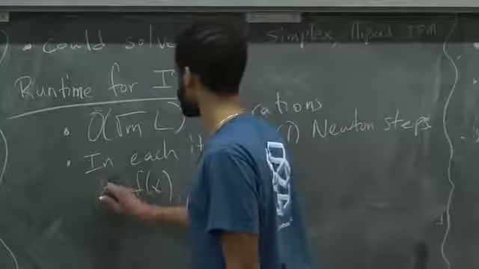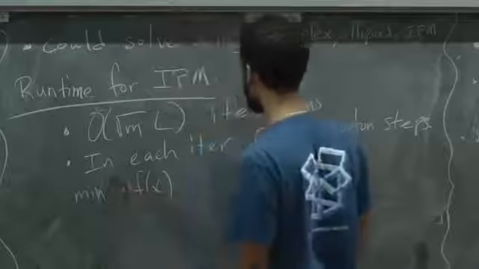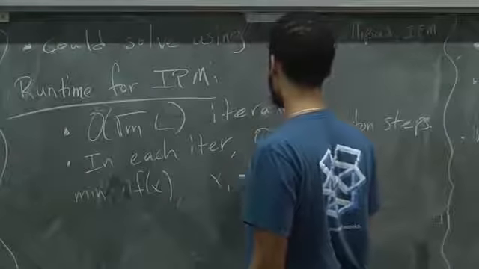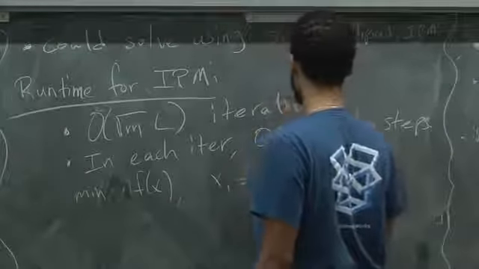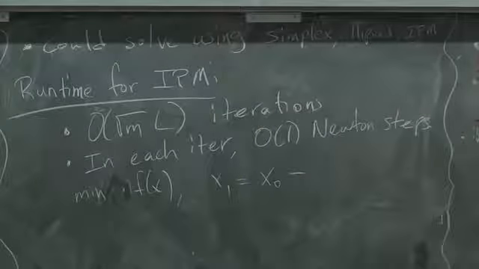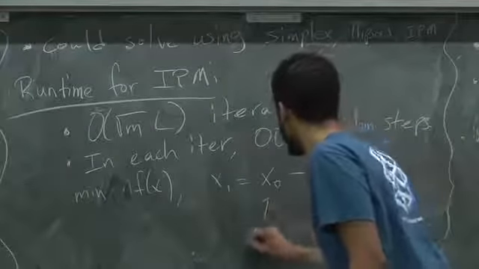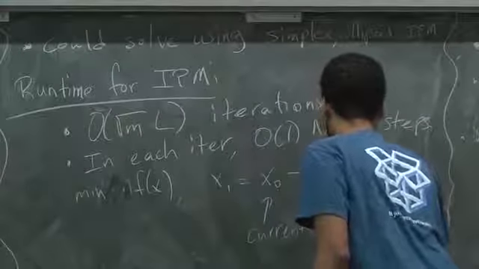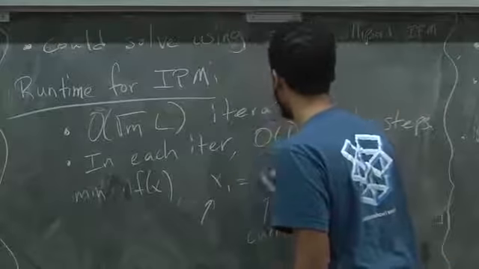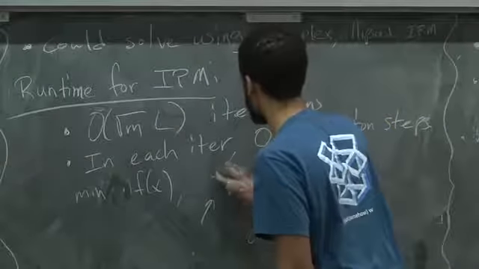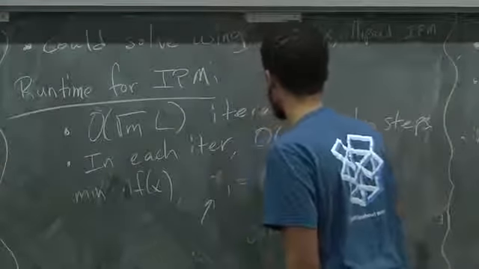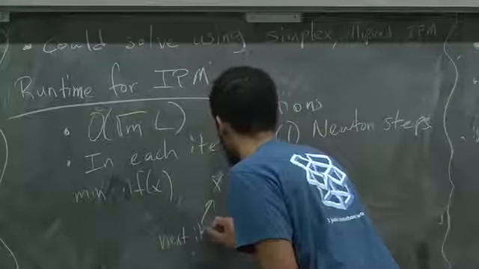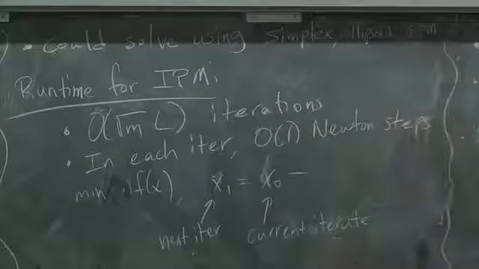And we said that the next iterate x1 is going to be x0 minus some quantity. x0 is the current iterate. You should think of these as flows, but let's just call them x's. Okay, so next iterate.